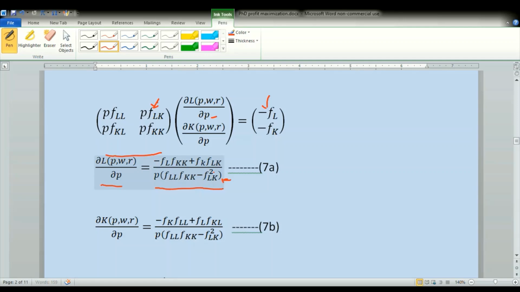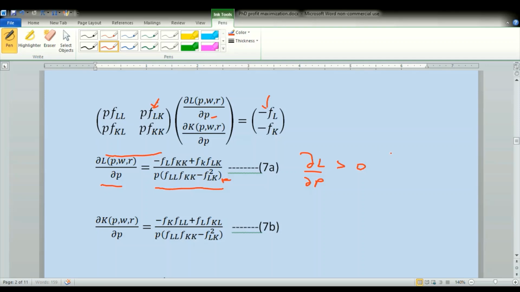And that again Fk is the marginal product of capital, and because the firm produces in the second stage, Fk has to be positive. Flk can be positive or it can be negative. If it is positive, then unambiguously we will be having delta L over delta P greater than 0.